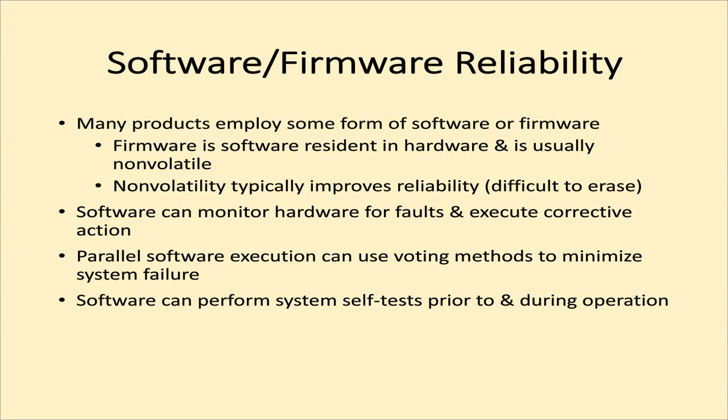But the advantages of software is that it can monitor the hardware continually for faults and execute corrective action. You can run multiple identical parallel software paths and use voting methods to minimize errors and system failures. And of course, software can perform system self-tests prior to and during operation and they can shut down the system or flag the operator of the system to notify them that something's wrong.